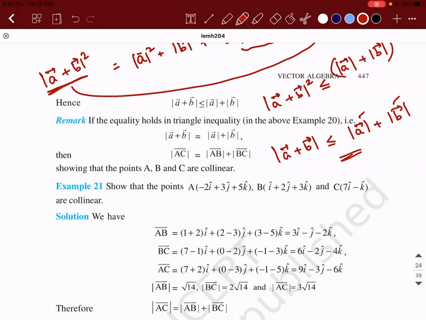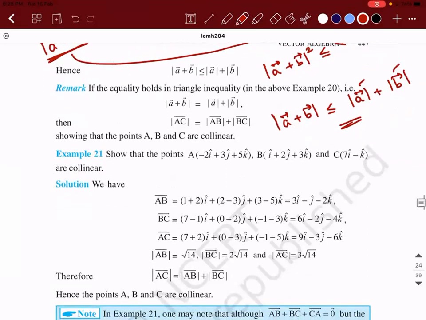Okay. So show that these vectors are collinear. So find out AB vector. So what is AB vector? 3i cap minus j cap, sorry, not plus, minus 2k cap. So what is BC vector? 6i cap minus 4k cap.